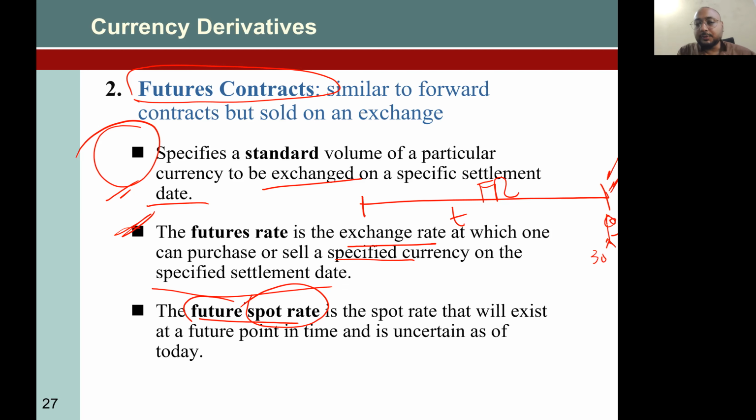So we call this future spot rate, which is the rate at the 30th day, the expiration of the future contract. You will not deal at this rate. Why? Because you are obligated to fulfill the contract, and the contract is going to be honored at the rate mentioned in the contract. That's it. So no matter whether the dollar has increased or decreased, you have to honor the contract. That's it. The only difference between forward and future is that forward is customized and future is standardized.